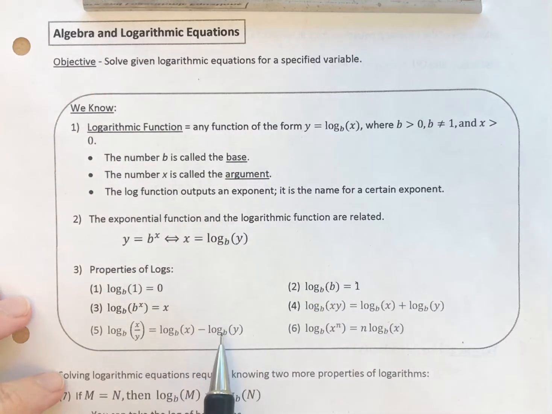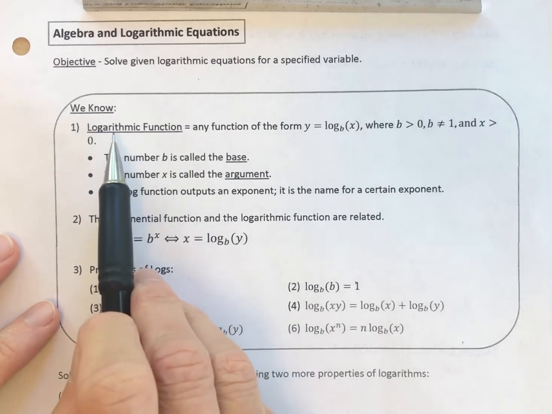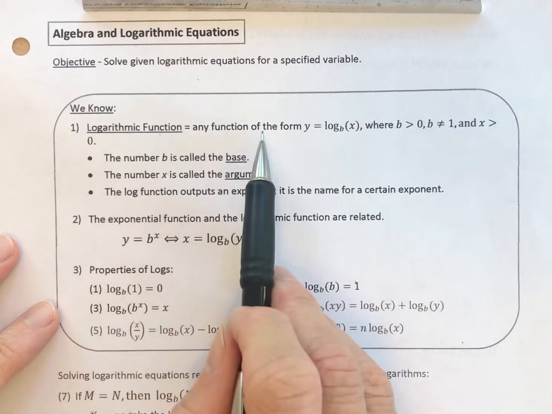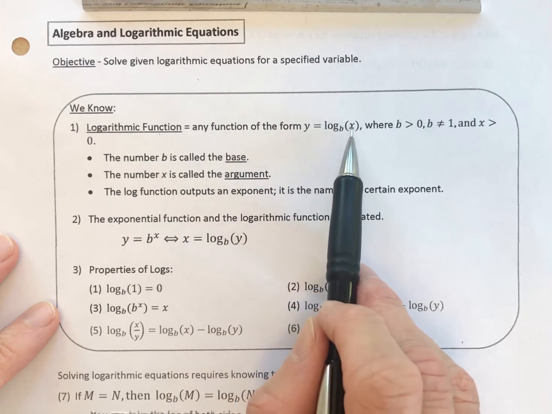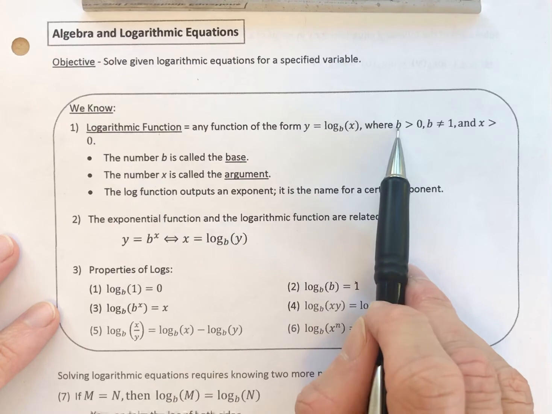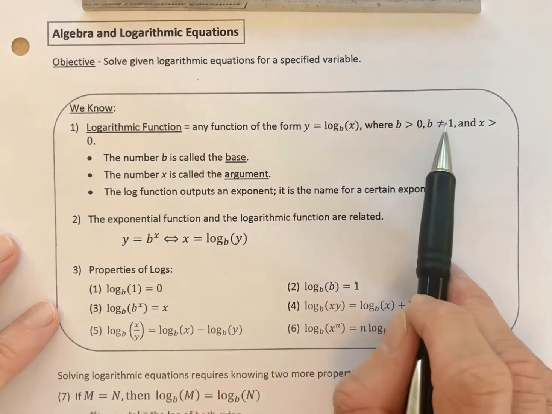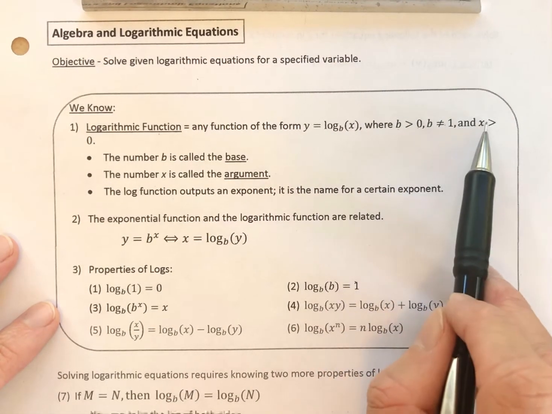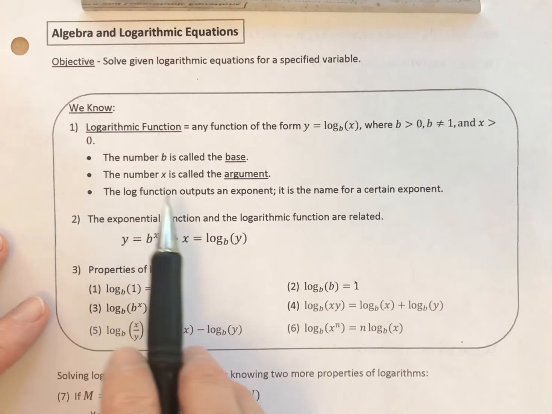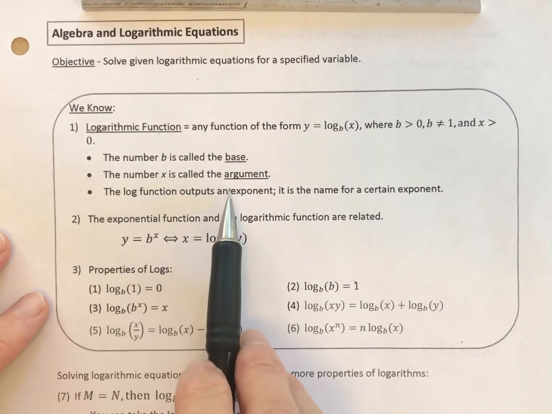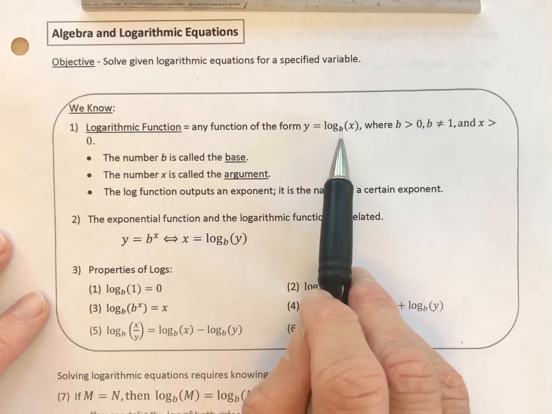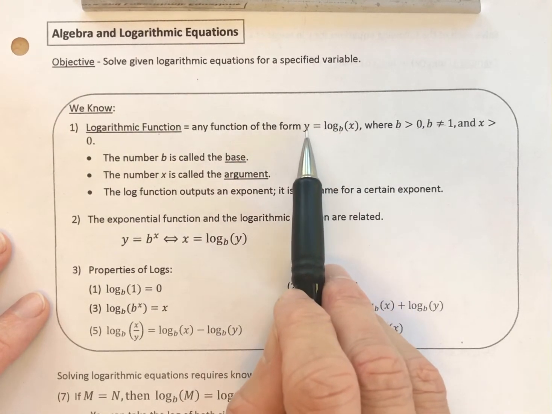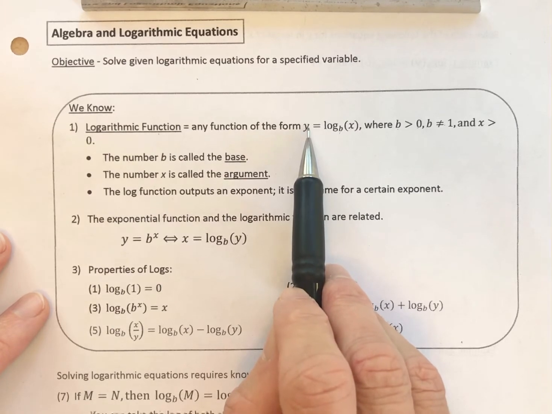We've got a fair number of things under our belt at this point. We know what a log function is, any function of the form y equals the log base b of x, where the base is greater than 0 and not equal to 1, and the argument is positive. And we know that this log function outputs an exponent, so the log base b of x equals y is an exponent.